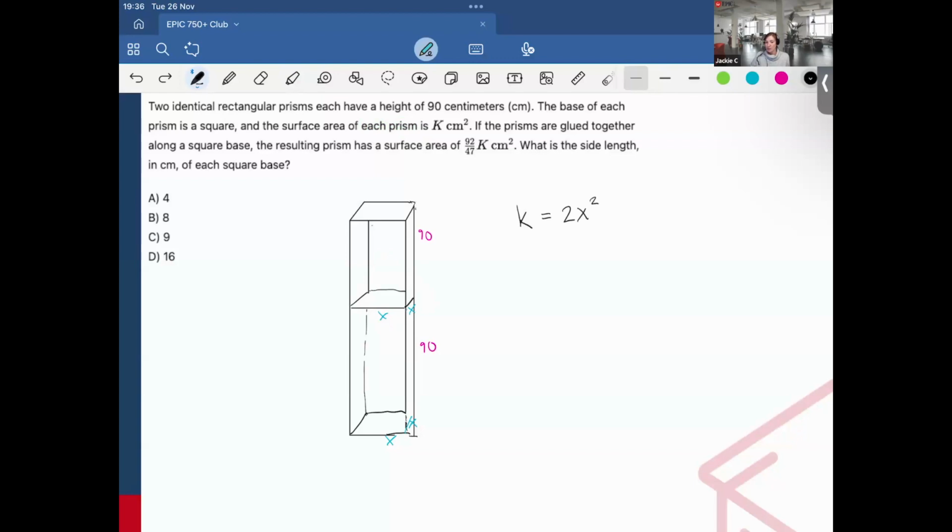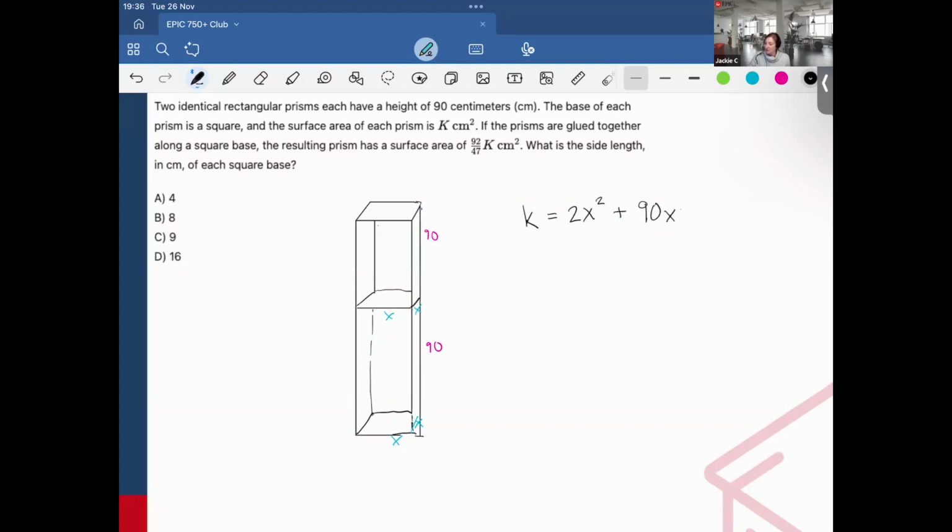Then I want to add in the area of the side faces, which is 90 multiplied by x, and then I have four different faces of the rectangular prism, so I multiply by 4. So the area of each rectangular prism is 2x squared plus 360x.